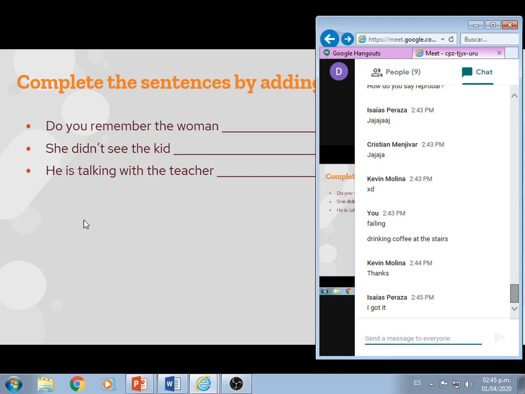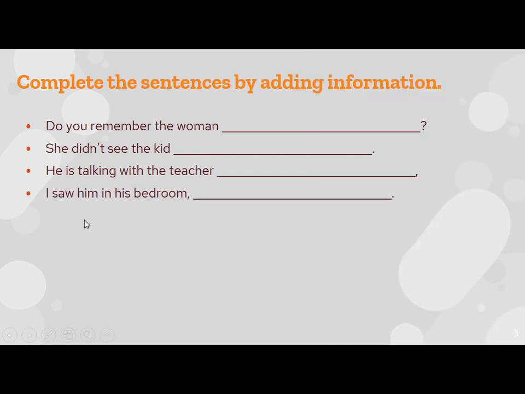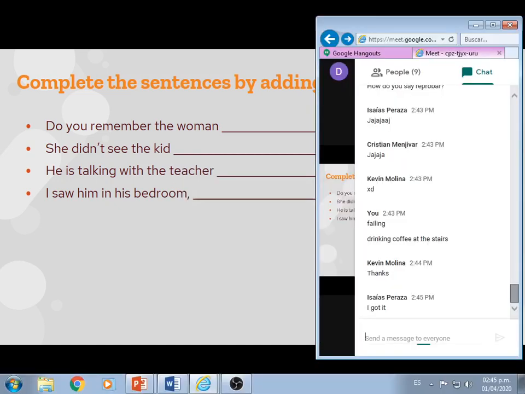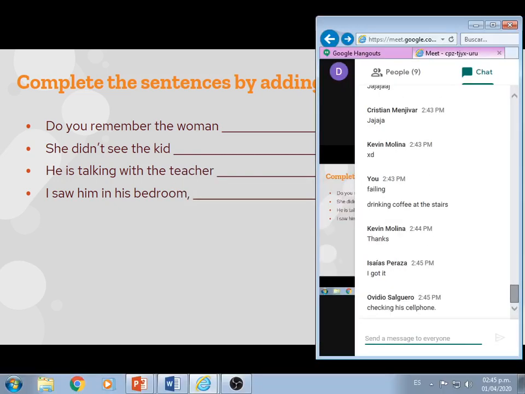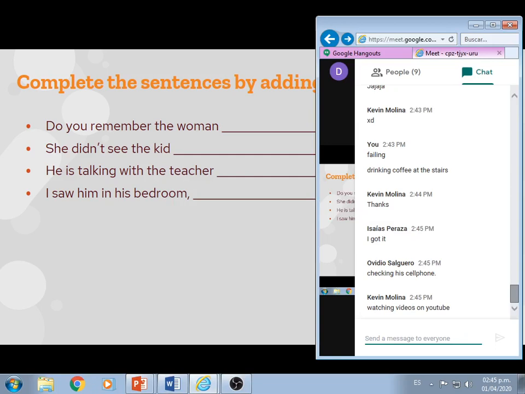Okay, maybe we're going to continue with the next one, so we can take a look at it now. This is something extra that we had. We also have information about what we do at the same time as another activity. In this case, we can say, I saw him in his bedroom, but what do you think the person was doing in the bedroom? Okay, checking his cell phone, watching videos on YouTube. Perfect.